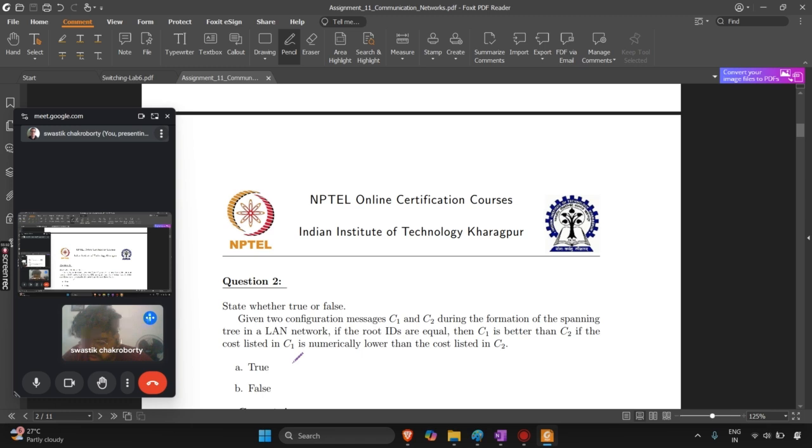During the formation of spanning tree, the various bridges communicate with each other.